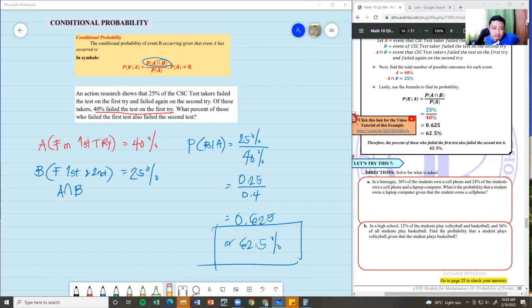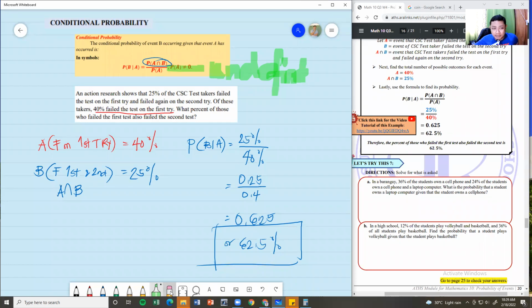Therefore, nothing like that happened. It means you cannot do it, because mathematically speaking, you cannot divide a number by 0. That's undefined. That's the reason why there is this condition here. A cannot be 0 because it becomes undefined. In a real scenario, there is no conditional, because you did not state anything else. There needs to be another event occurring for you to talk about conditional probability.